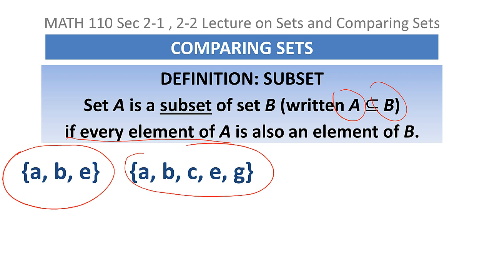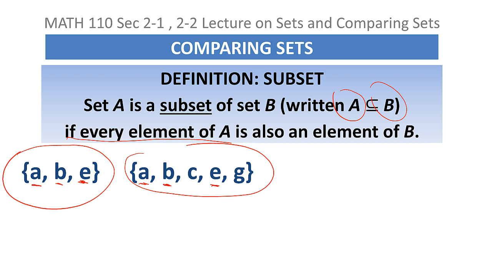So I just start on the left and I look. There's an A here. If it's going to be a subset, there better be an A over here. There's a B here. If it's going to be a subset, there has to be a B on the right. Finally, there's an E here. If it's going to be a subset, there has to be an E on the right as well.